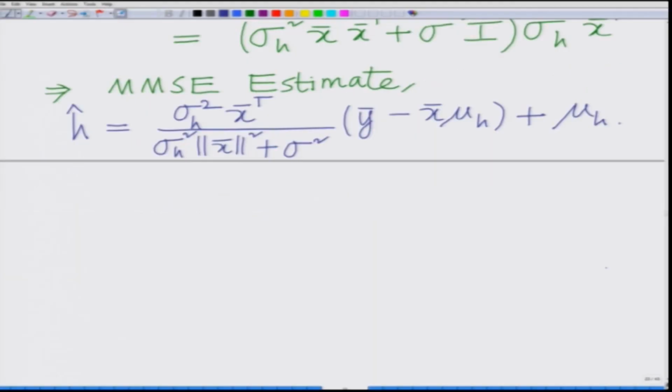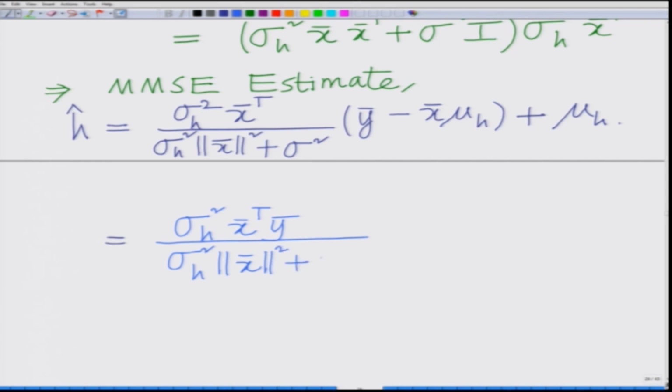Now, we are going to simplify it further. Now, you look at this, I can expand this y bar minus x bar mu h multiplying by the terms, I can write this as sigma h square x bar transpose y bar divided by sigma h square norm x bar square plus sigma square, minus sigma h square.